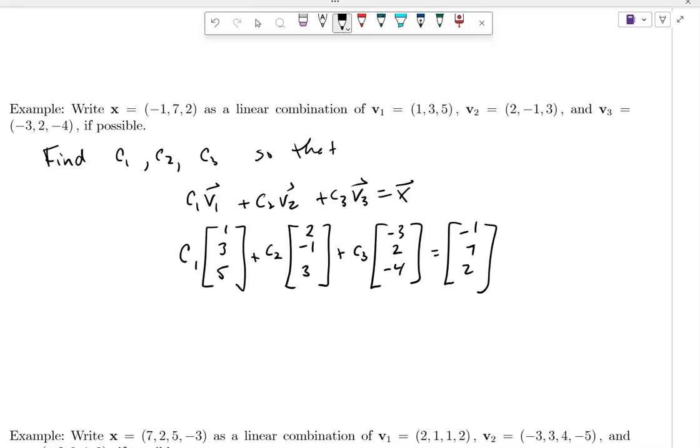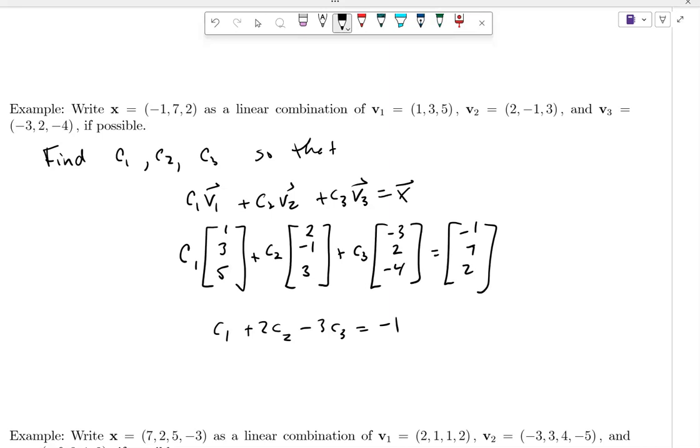If that vector equation is going to be true, can you give me one equation that has to be true just involving numbers and variables? c1 plus 2c2 minus 3c3 equals negative 1. Okay. And how'd you get that one? The top row. Good. We're just equating those top components, right?